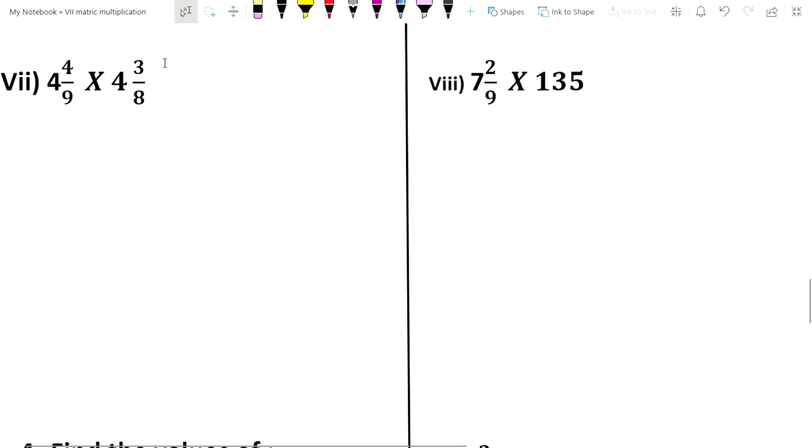See the question, 7th one. 4 4/9 into 4 3/8. Here both the numbers are mixed fractions. First you have to convert into improper fractions. 4 nines are 36, 36 plus 4, 40, 40 by 9.